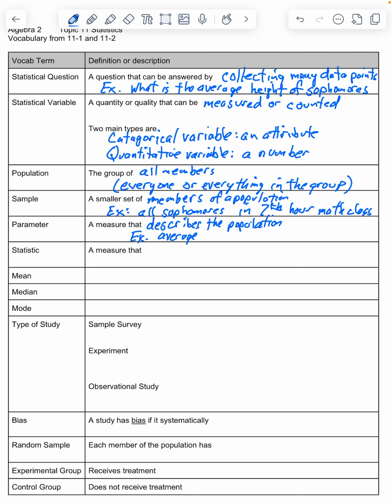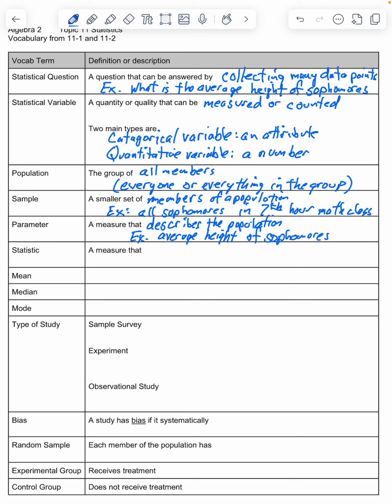Average height of all sophomores, that would be a parameter. That would tell you what is the average height for all of the sophomores in total. So we'd find the height of every sophomore, and then we go ahead and find the average height.